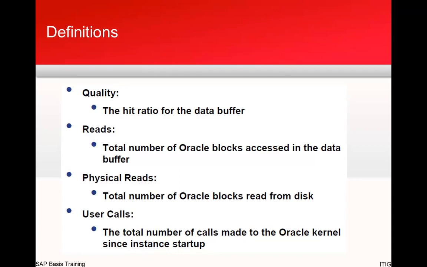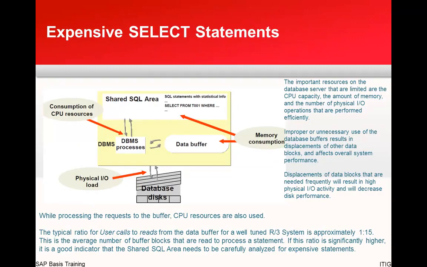Let's go through them in detail. Just take note of these definitions. Most important is the quality, the hit ratio for the data buffer. Then we have the user calls, the physical reads and the reads. Here we are trying to identify the expensive select statement. What makes it expensive is the component, the part, the location which makes this particular statement very resource oriented.